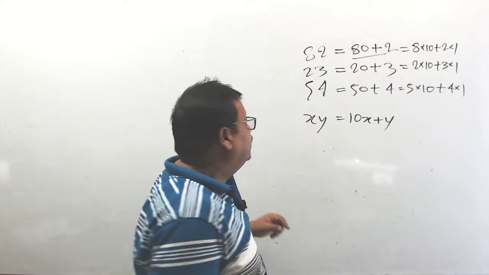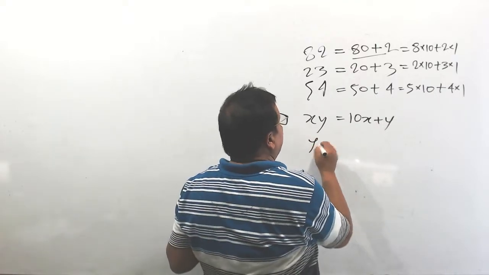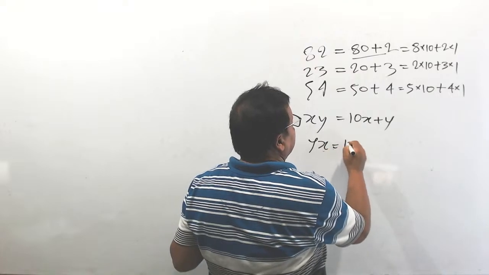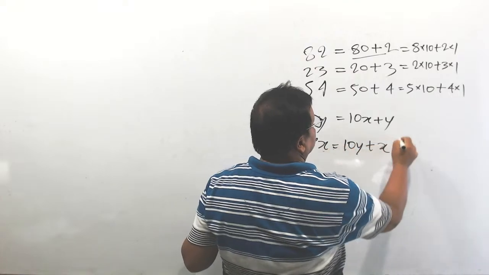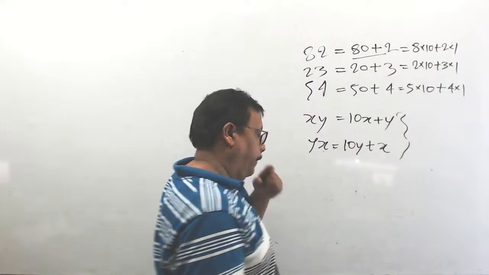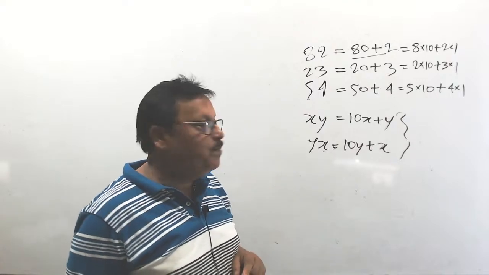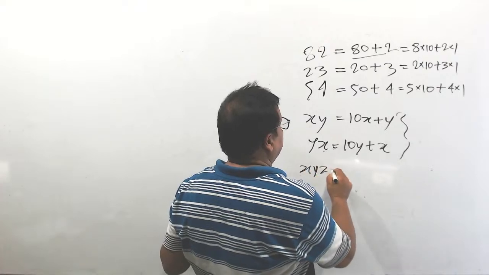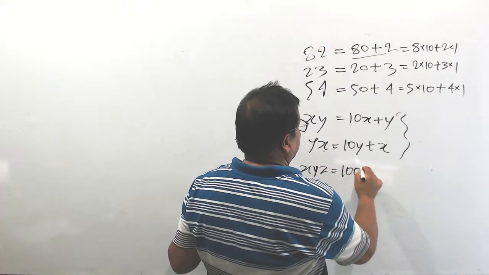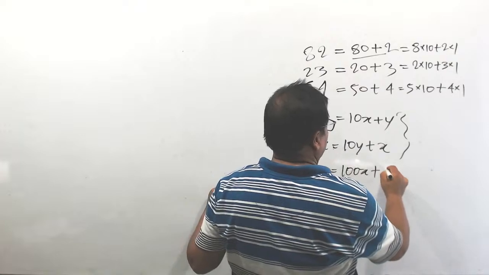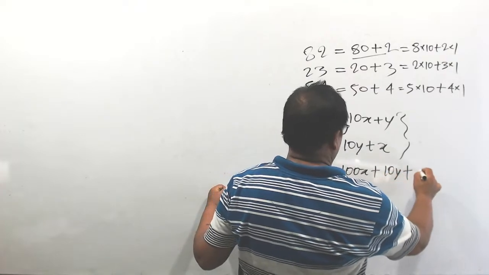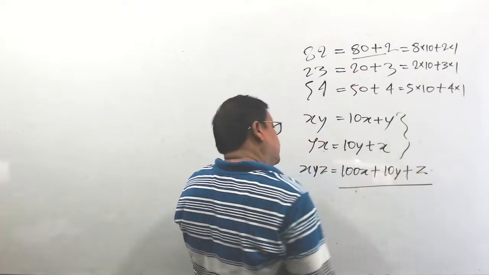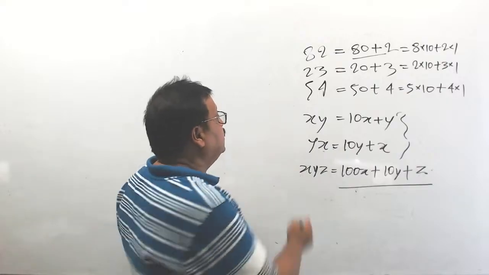If you reverse, that is yx, you can write 10y plus x. Any 3 digits number, say xyz, how will you write? 100x plus 10y plus z. Remember this technique.